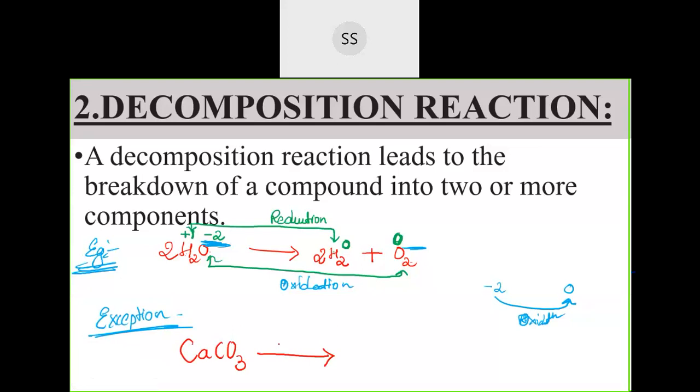CaCO3, if you heat it, on heating it decomposes to give you two compounds. Whenever a carbonate is heated, or if you add an acid to it, a gas is always released. That is carbon dioxide. So CO2 you get, plus, what is remaining now? Calcium oxide. Yes, very good. So you get calcium oxide plus carbon dioxide.